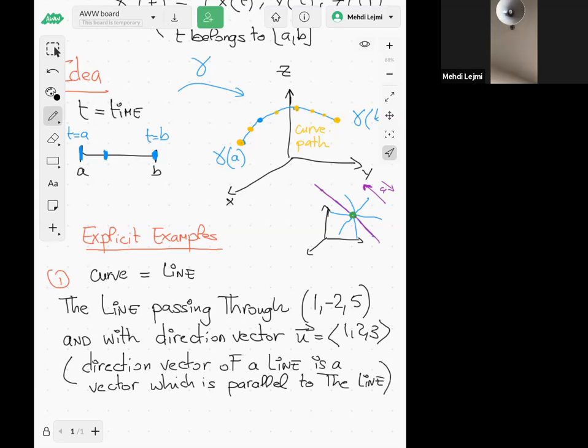So once you fix a point and a direction vector, then you can fix your line. There will be a unique line passing through the point and with this given direction vector.